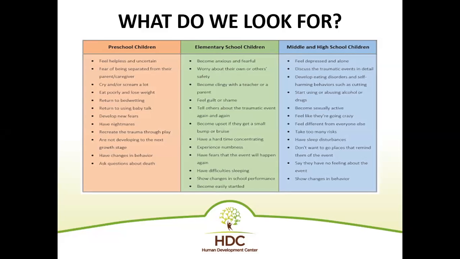They might become upset if they get a small bump or bruise. They might have a hard time concentrating, experience numbness with emotions, have fears that the event will happen again, or have difficulty sleeping. You might see changes in school performance, and you can see them become easily startled and an increase in hypervigilance.